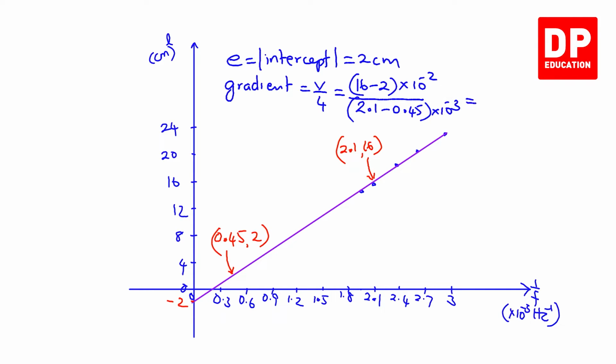So that you get 14 into 10 to the minus 3 minus 2, 140 divided by 1.65. So V will be equal to, multiply that by 4 also, 560 divided by 1.65.